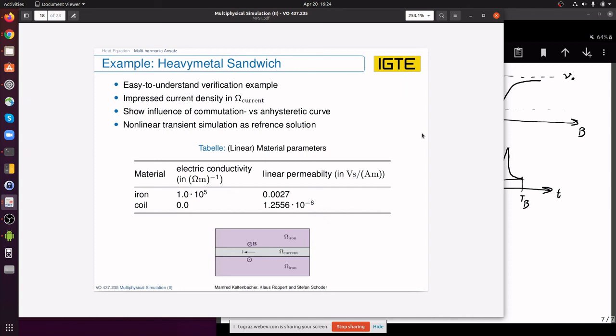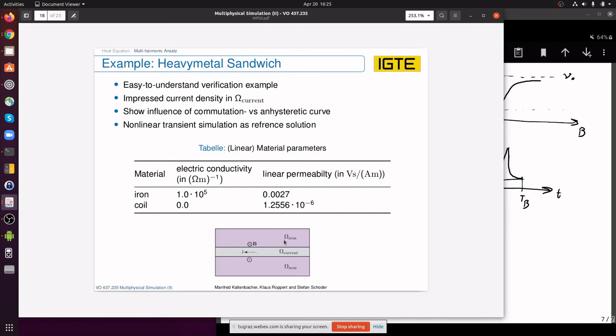Then I have provided a small example of what happens if you provide the wrong material model. So in this case, the heavy metal sandwich, as I've named it, we have a current carrying layer where we impress a current density and some conducting layers at the top and bottom surface of this current layer.